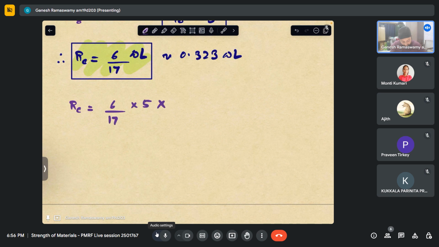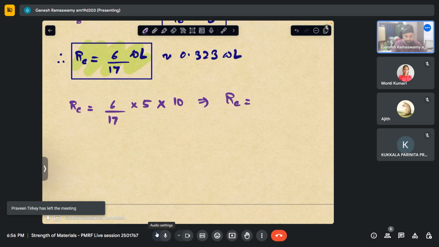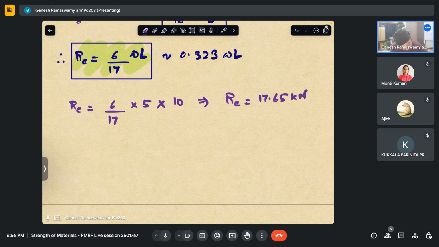So this comes out to be 17.65. So RC is 17.65 kilonewton for this problem. Very well.